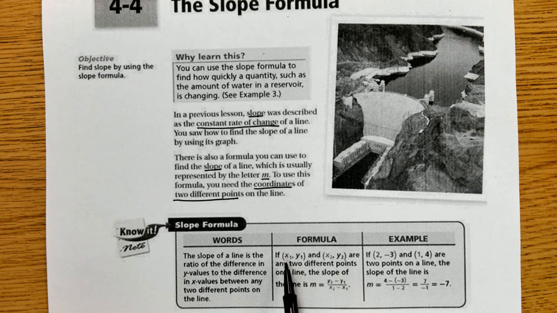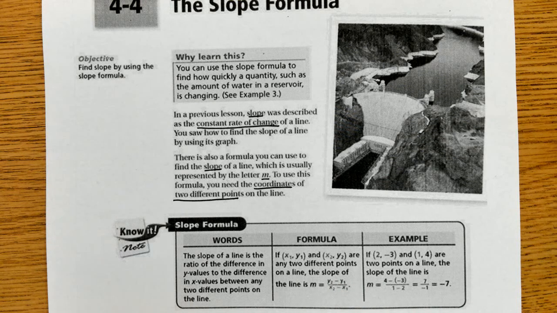So if our points are x1, y1, and x2, y2, where the 1 and the 2 signify that this is our first coordinate and our second coordinate, then the slope of a line is m equals y2 minus y1, so we're taking y2, subtracting y1, and then dividing that by x2 minus x1. You see that our 2 coordinate comes first, and then our first coordinate comes second.